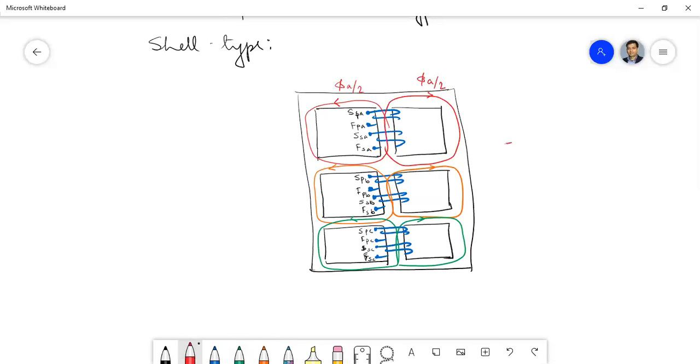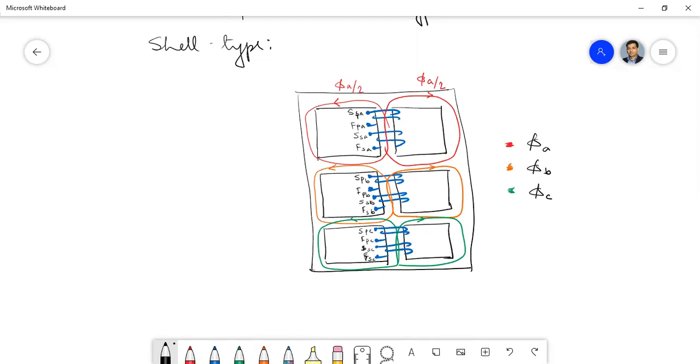That means I have used red, orange, and green for denoting the phases. This is for A phase flux, this is for B phase flux, and this is for C phase flux.